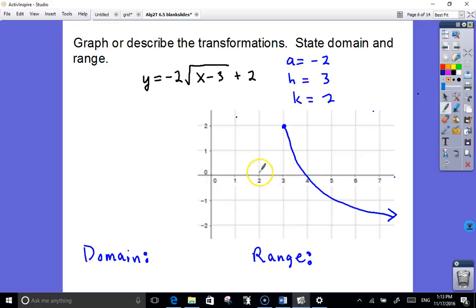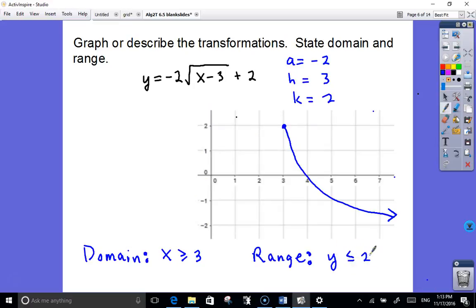Greater than or equal to 3, right? X is greater than or equal to 3. And what is the range? Right, on the y-axis, where does it start? At 2, right? And then it goes down from there. So you're going to say y is less than or equal to 2.